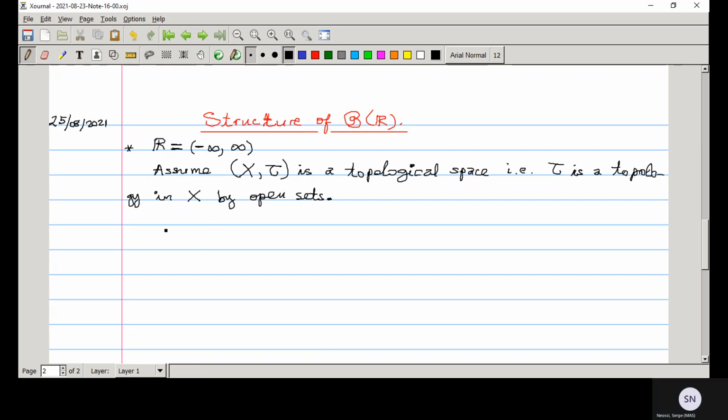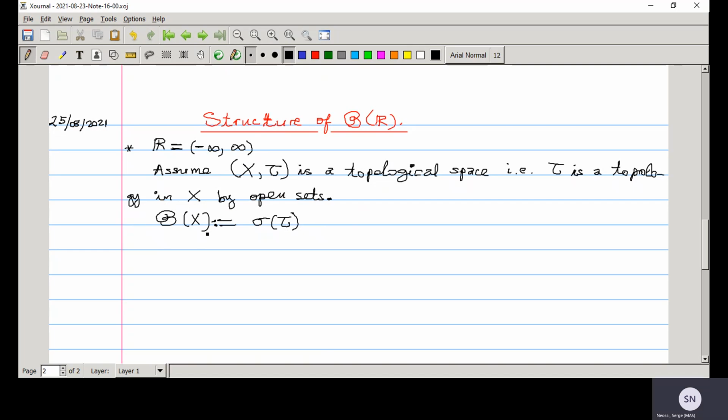Now, the Borel sigma algebra on X is denoted by B_X, and this is equal to the sigma algebra generated by the topology tau.